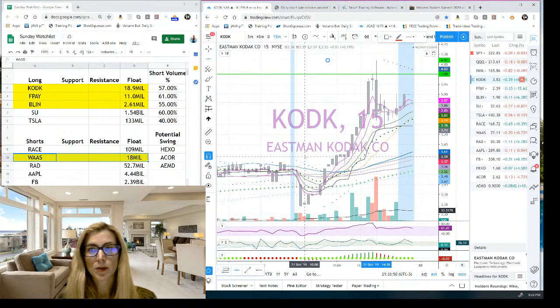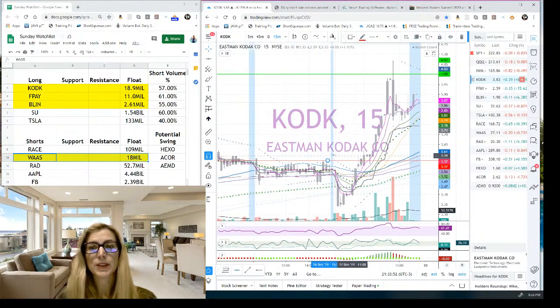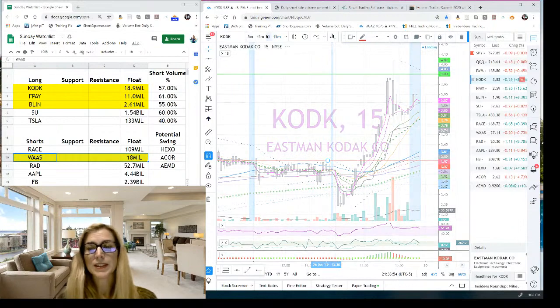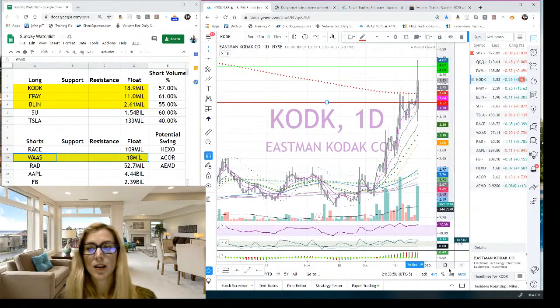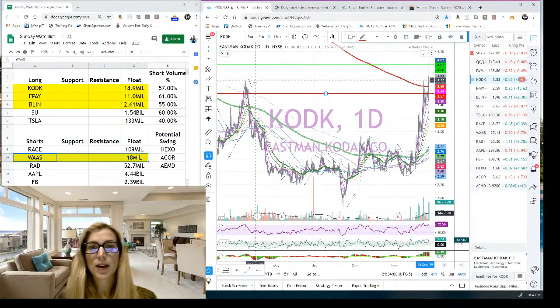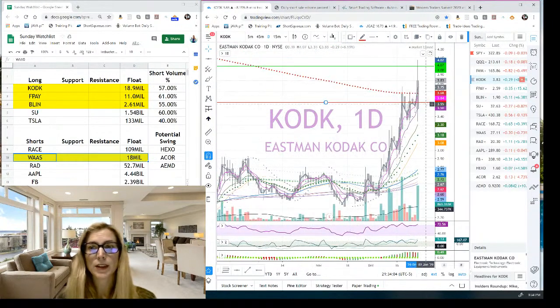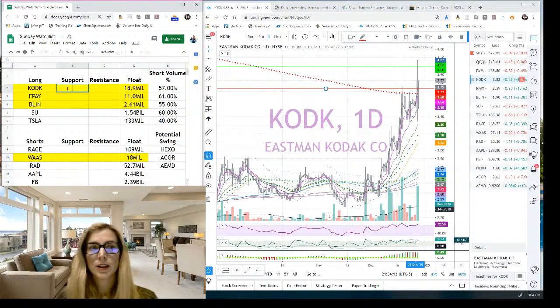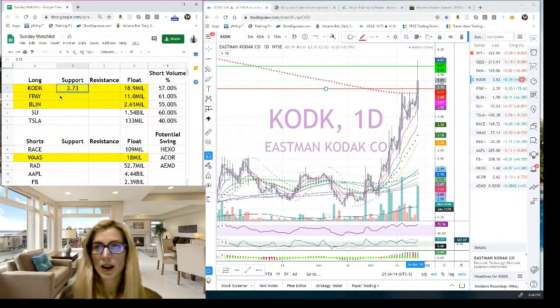I actually almost want to bring it all the way down here, 3.57. And when we pull it back on the daily, you can see that it had a prior high here, so 3.73. So I'm actually going to raise that on up to 3.73 right there as the area to be broken to the downside. All right, so we've got 3.73 and $4.